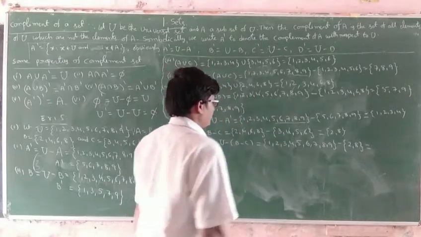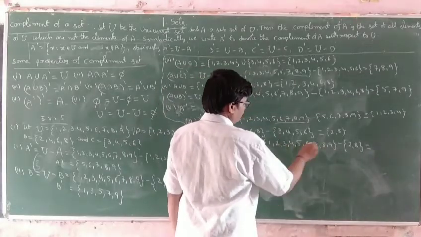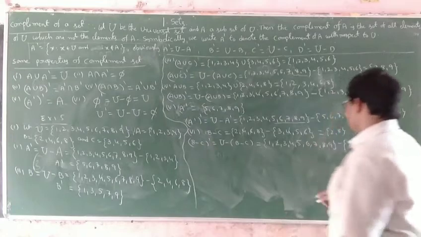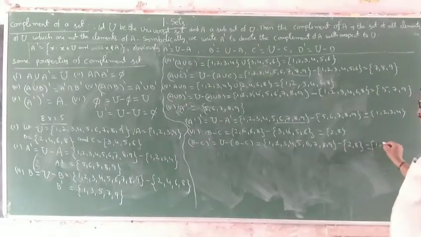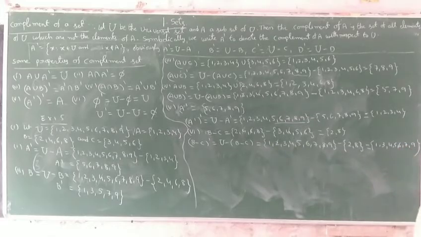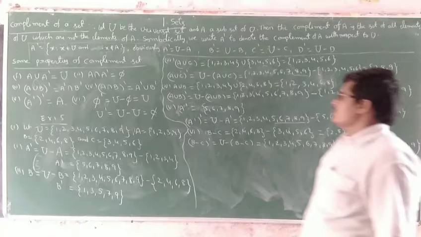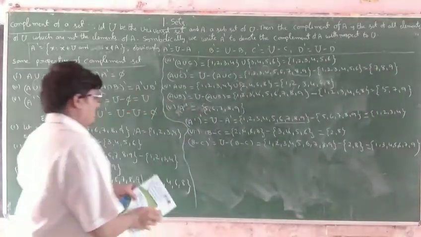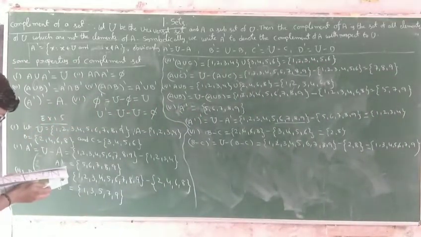Minus means remove 2 and 8 from the universal. So what is the remaining? 1, 3, 4, 5, 6, 7, 9. This is the first part. Next, the second part.